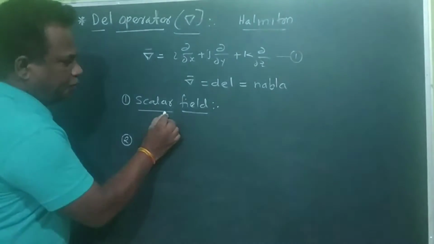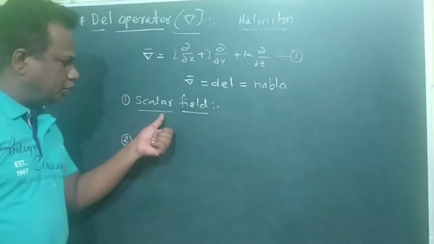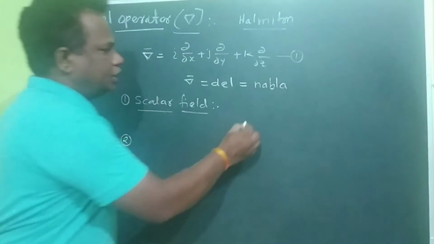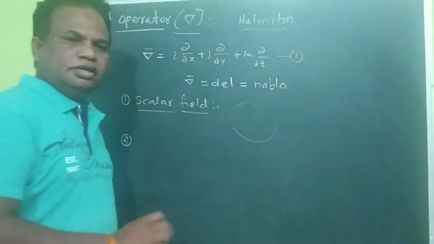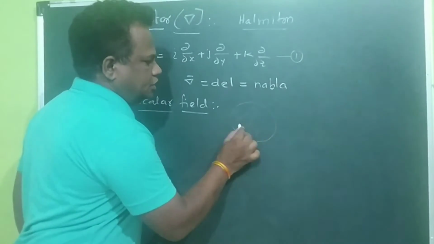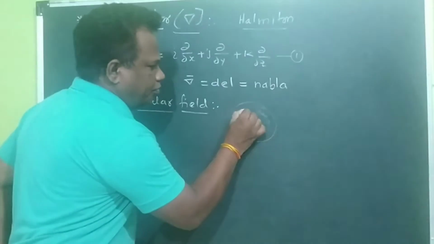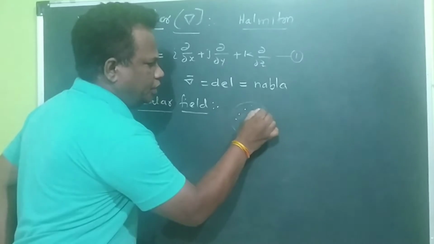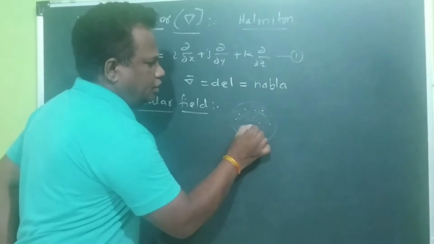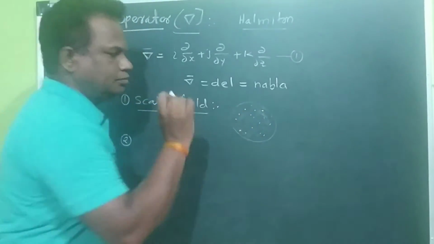Now the field, scalar field, not the quantity only. A field is nothing but the surrounding, in different directions. If you consider the field, then each and every point is assigned a magnitude.